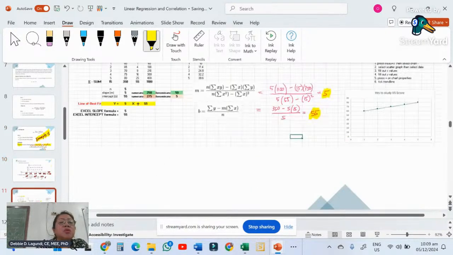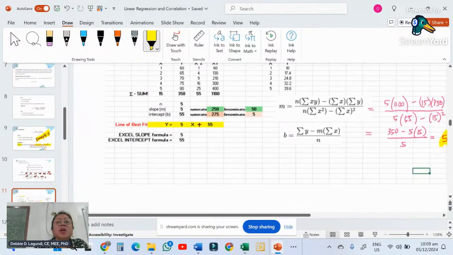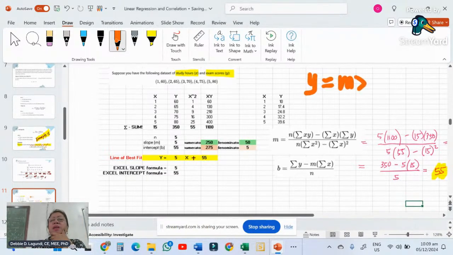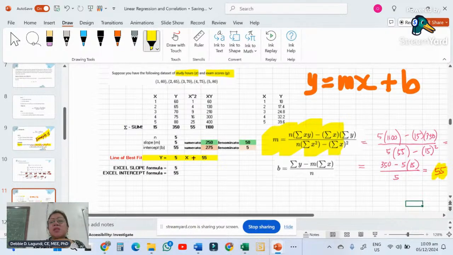So let's go to Excel, I made this one in Excel, okay? What did I tell you a while ago? y is equal to mx plus b. We need to know what m is, and the formula of m is this. We need to know b, and the formula of b is this one.